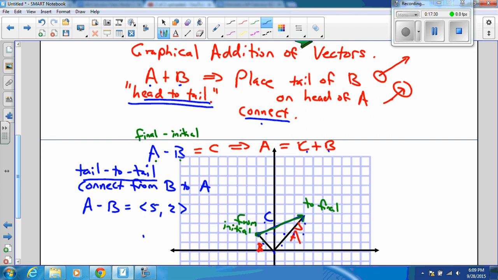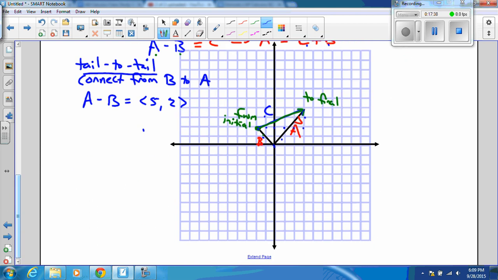So let's summarize our addition and subtraction. Addition, place the vectors head to tail and connect. Subtraction, place the vectors tail to tail and connect from the initial to the final, from B to A.